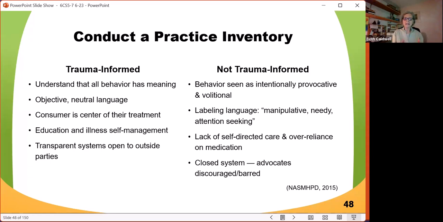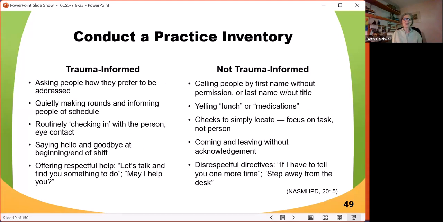So they're beginning the day asking that. And then, of course, really continue to focus on education and transparent systems. Okay, and watch your language. So the last one on practice inventory: we did environmental inventory, now we did practice inventory. All of these are important.